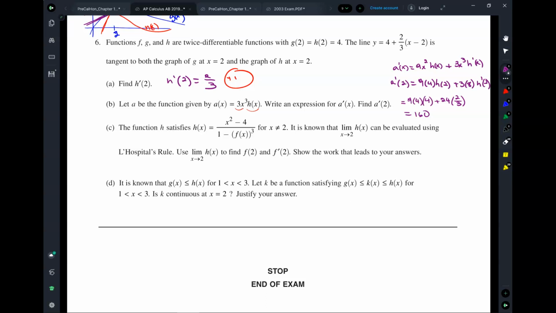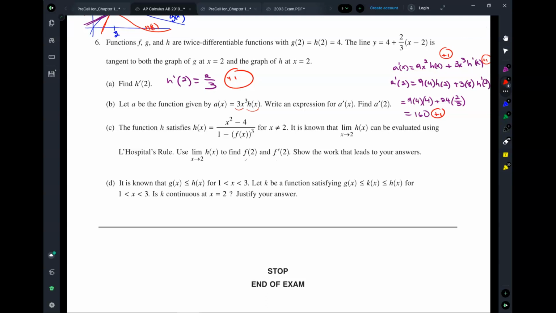Use the limit as x approaches 2 of h of x to find f of 2 and f prime of 2. Okay, so let's do it. Let me do points here. You get 1 point for the product rule, and then 1 point for finding A prime of x correctly, no errors. And then 1 point for this. So 3 points for that.